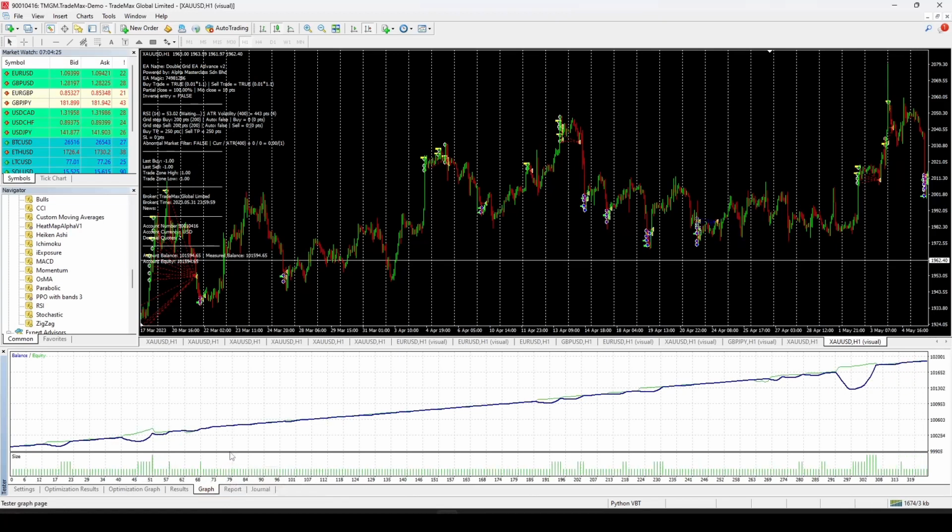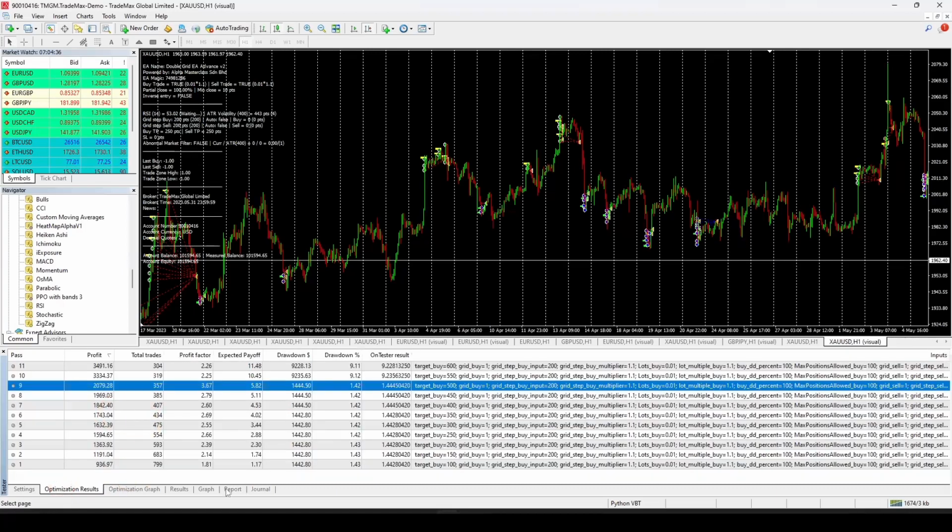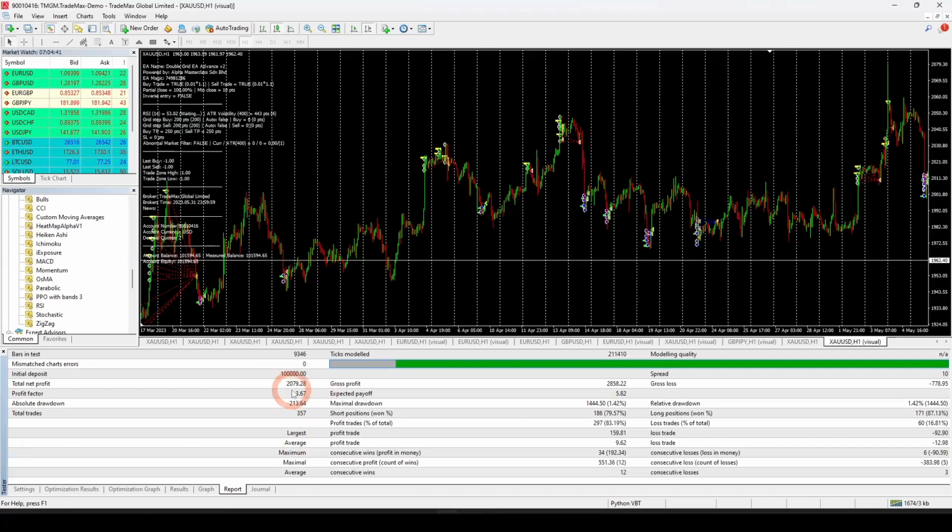The good part about profit is that the profit can be used to cover floating losses. You just need to double check your optimization results here versus the report here; they need to be 100% the same.